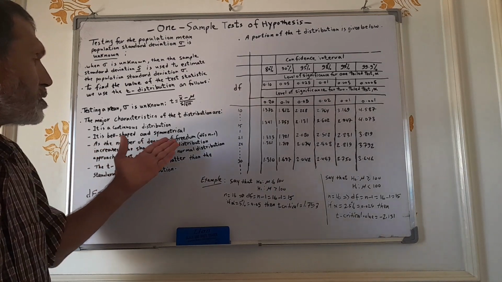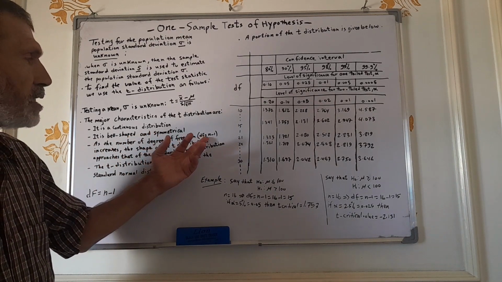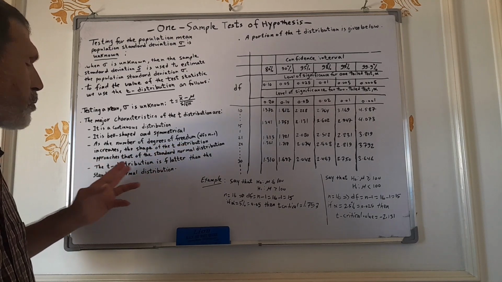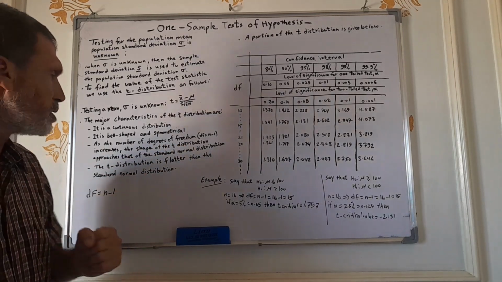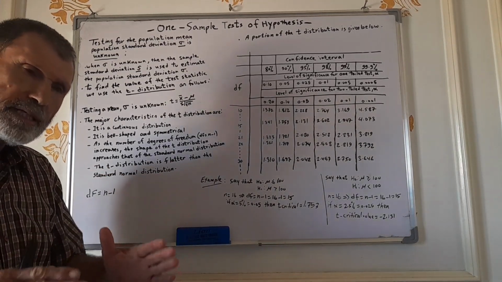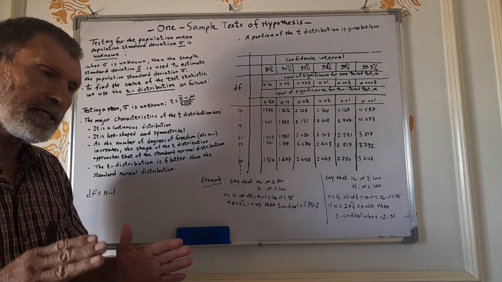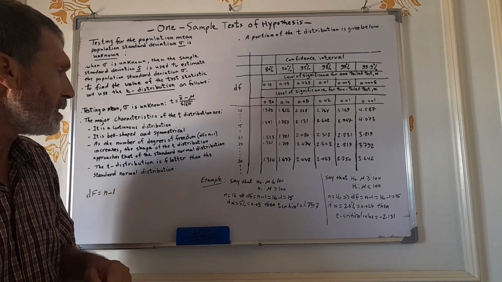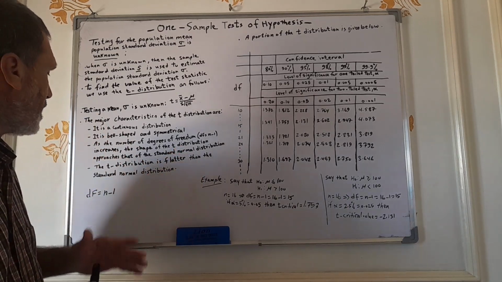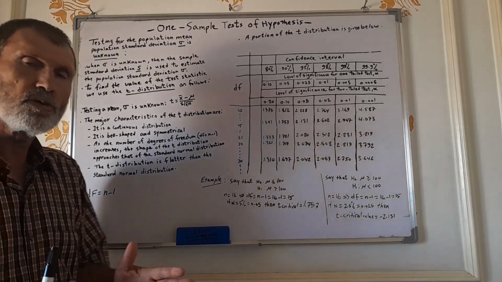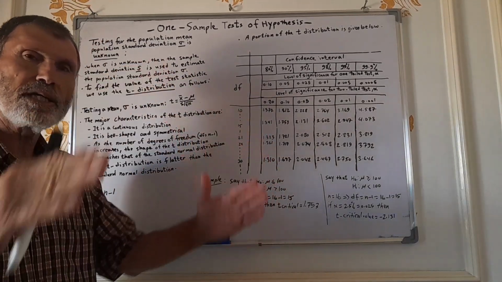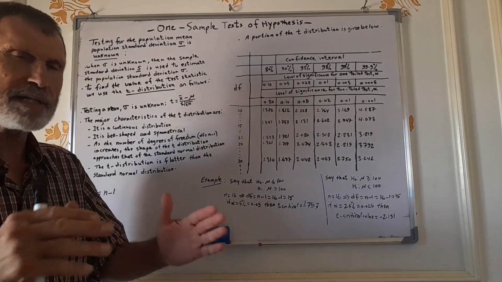As the number of degrees of freedom, which is n minus 1, increases, the shape of the t distribution approaches that of the standard normal distribution. The t distribution is flatter, more or less. Its width is flatter than the standard normal distribution. It looks like a normal distribution; however, it is flatter.